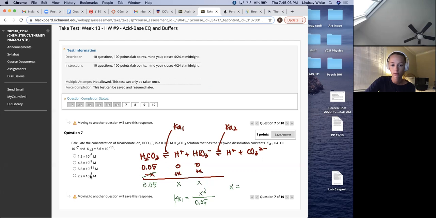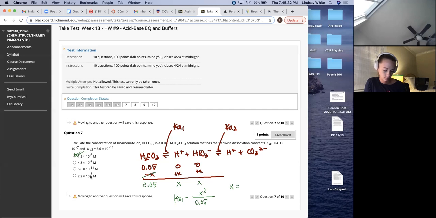Hold on a second. 4.3 to negative 7 times 0.05, square root 12. I'm getting 1.5 times 10 to the 4. I got this. I'm gonna try it again.